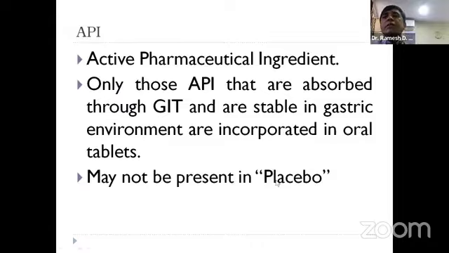All tablets except placebo contain API. Placebo is used for minimizing the psychological effects. Sometimes the person is suffering from a psychological disorder, or during clinical trials, to create a psychological effect only, we give placebo. So they are plain tablets containing all the ingredients except the active ingredient.